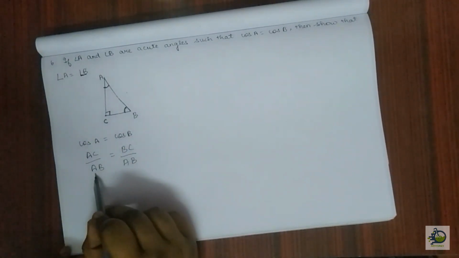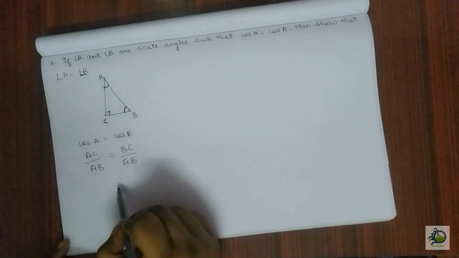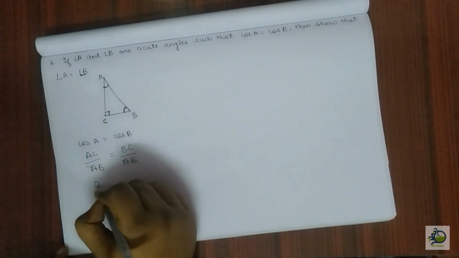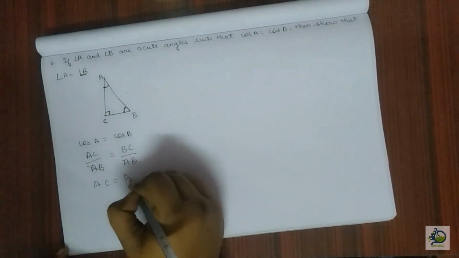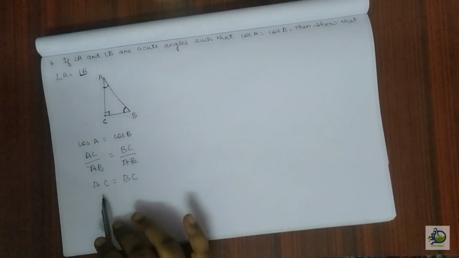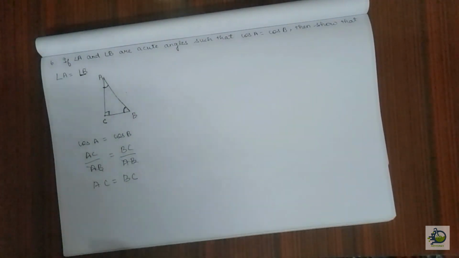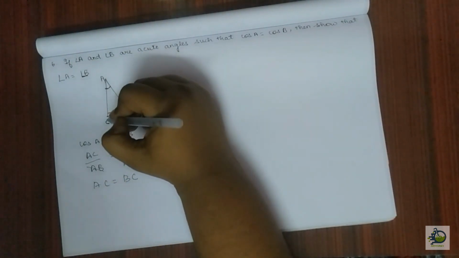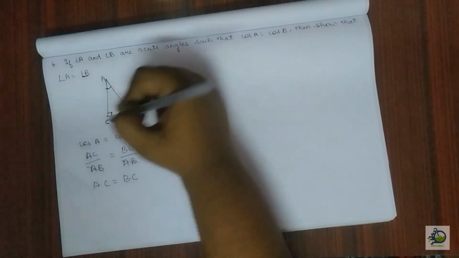Here we can see that both the denominators are same, so we can cancel them out. So we are getting AC is equal to BC.